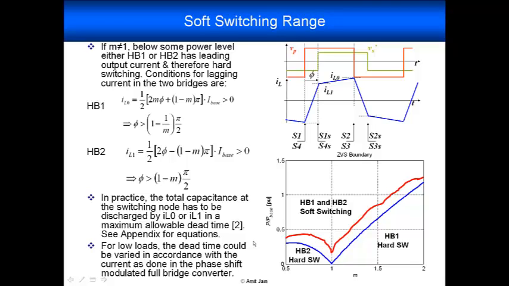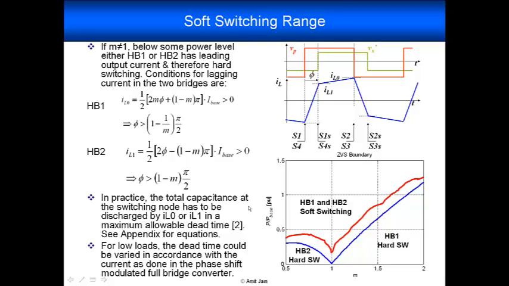The dead time that we program also determines how effective the soft switching is. So you could make the dead time programmable with the current. This is typically done for the phase modulated full bridge converter, and the same principle can be applied here.